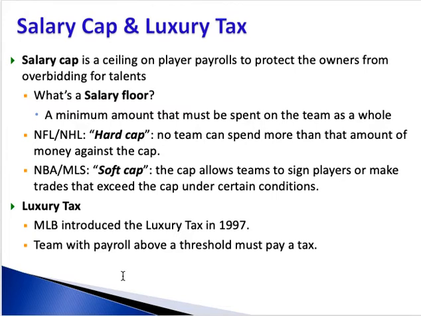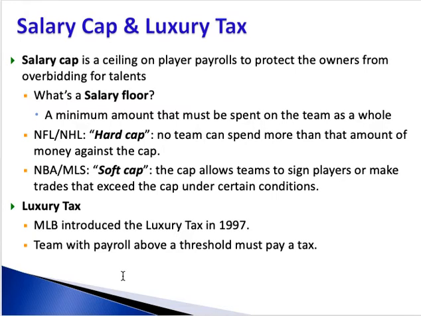An interesting thing is that the luxury tax has been considered a more effective strategy than the salary cap. One example is that in the last 30 years, about 18 different teams won the World Series in the same time frame, right?